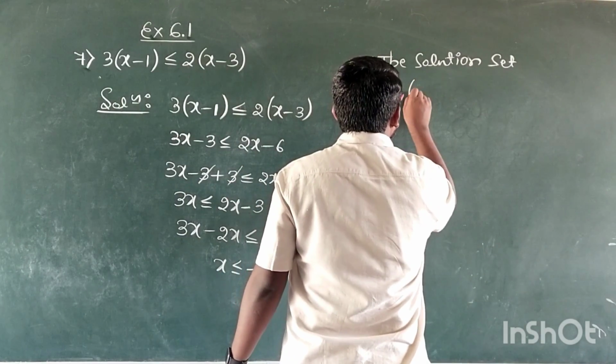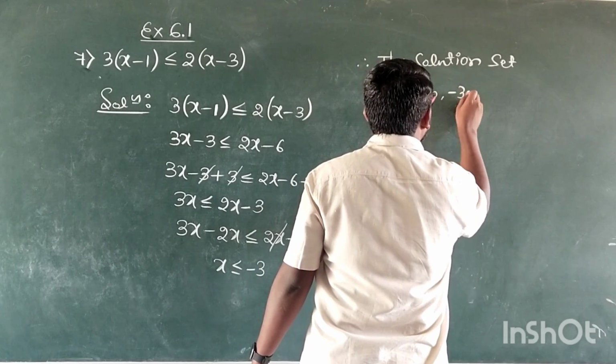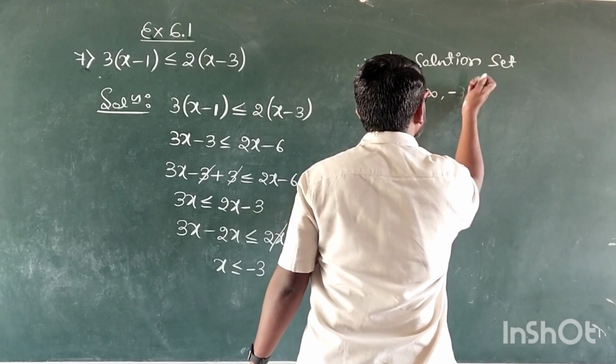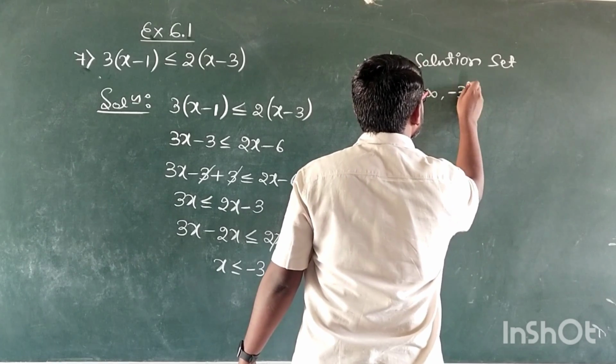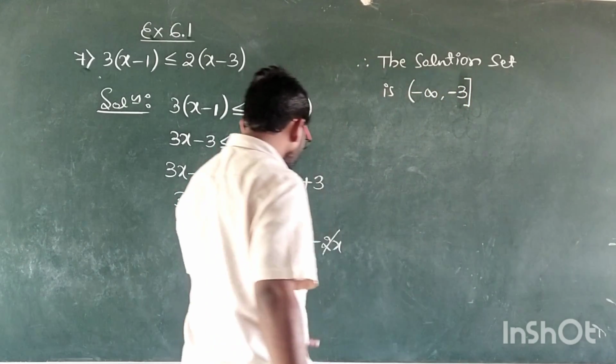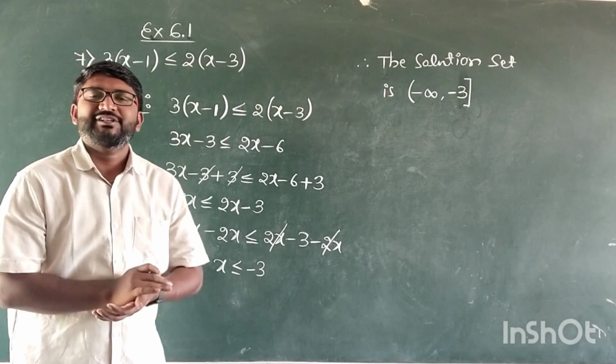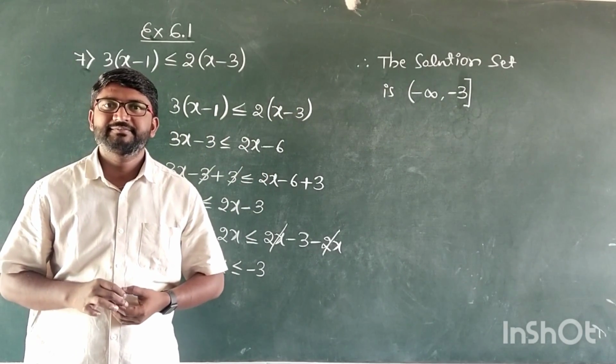So it has to be minus infinity comma minus 3. And we have to write the closed interval because it is less than or equal to minus 3. So this is all about question number 7.